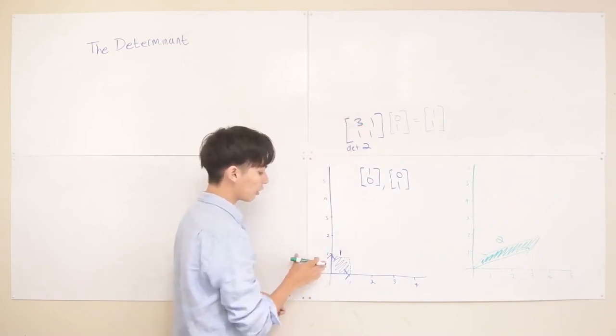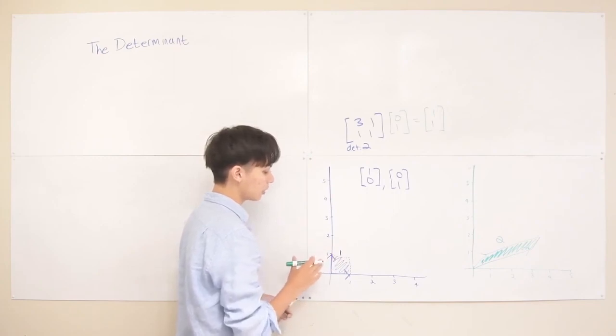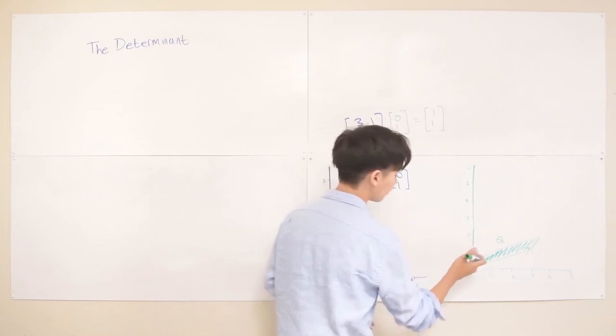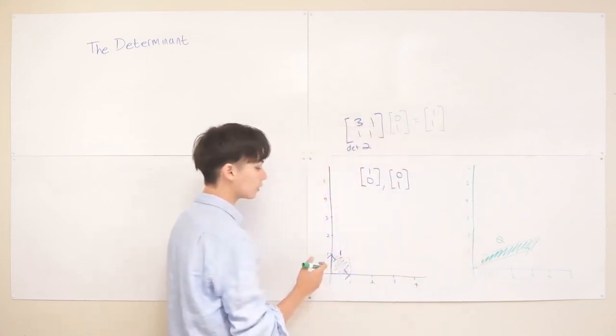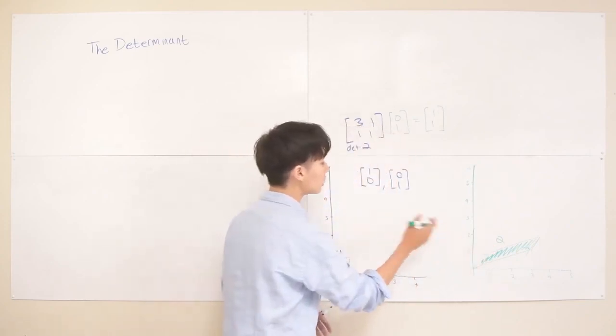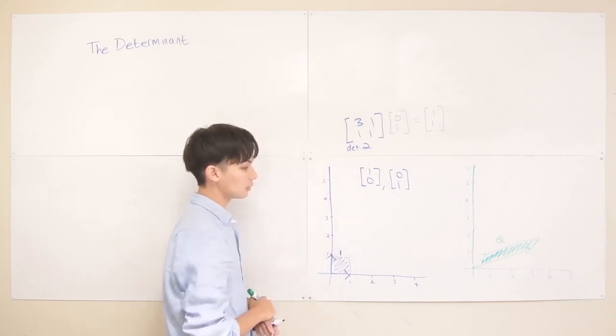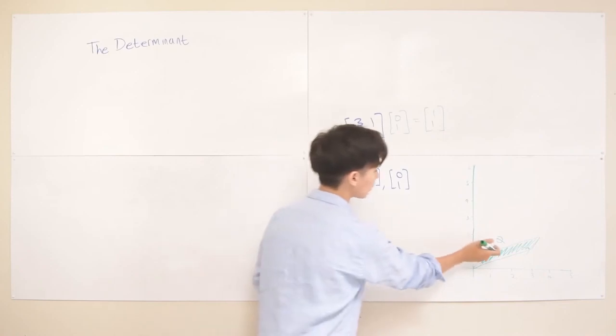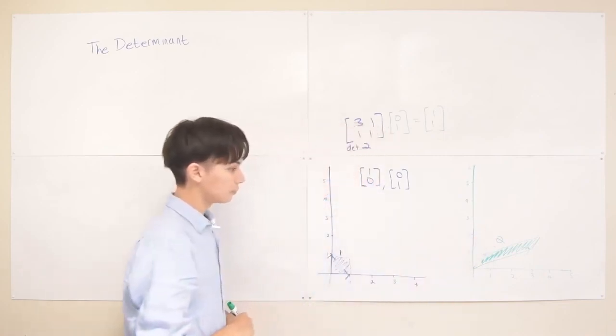So before we had an area of 1. These same vectors get transformed to these vectors over here. So the area spanned is scaled by the multiple of the determinant. So we multiply 1 by the determinant to get the resulting area, which is 2.